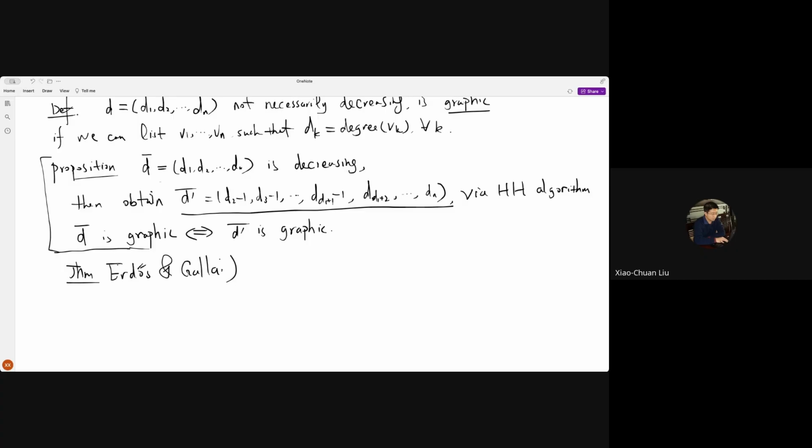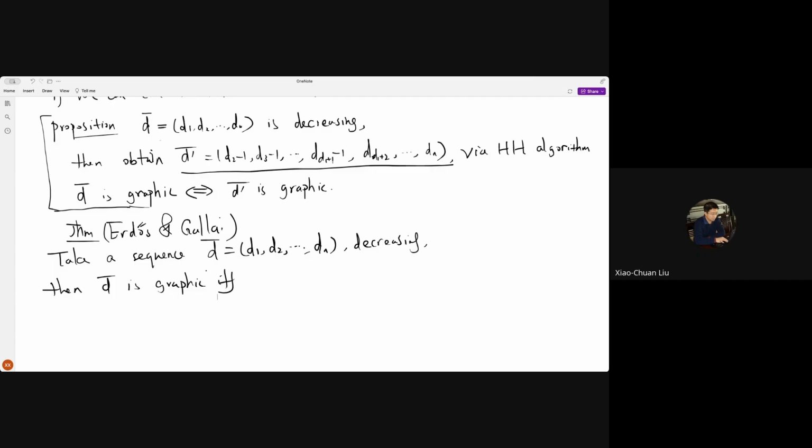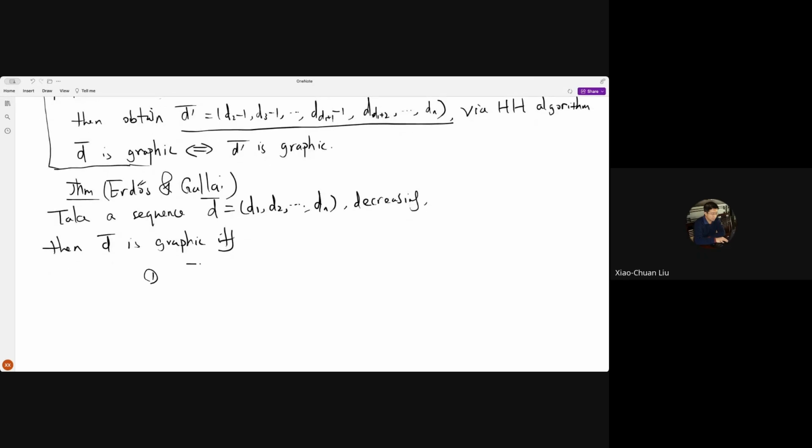So Erdős and Gallai says the following: take a sequence which is decreasing, D bar equals D1, D2, and so on, Dn. Then D bar is graphic if and only if, first of all, the sum of dk, k from 1 to n, is an even number.